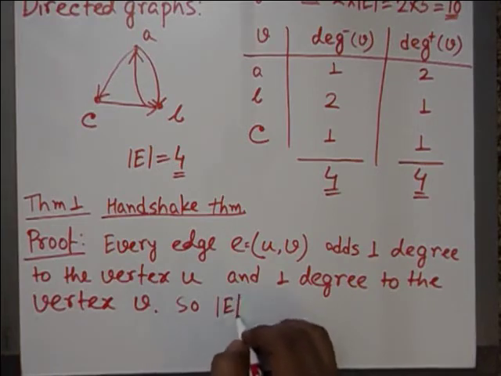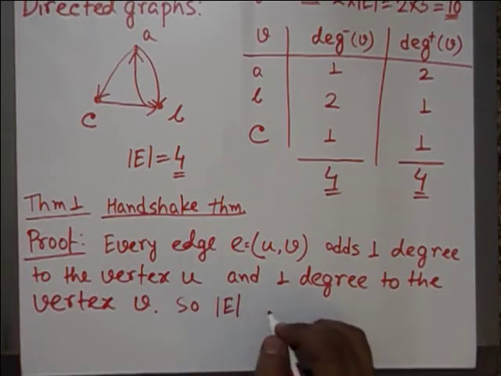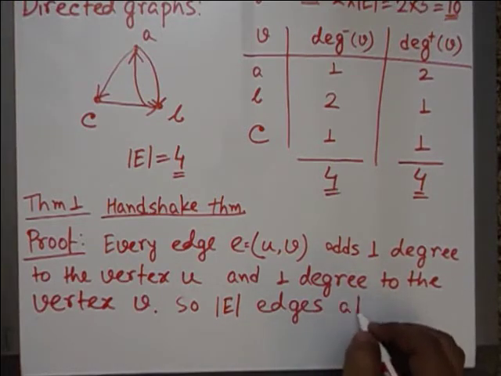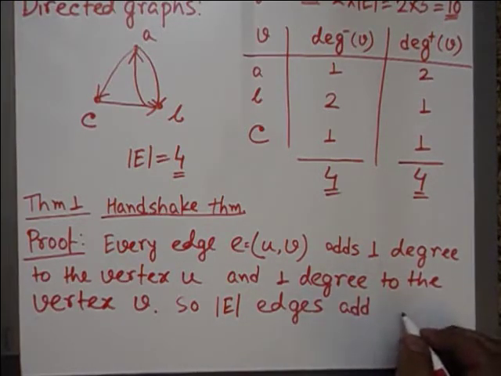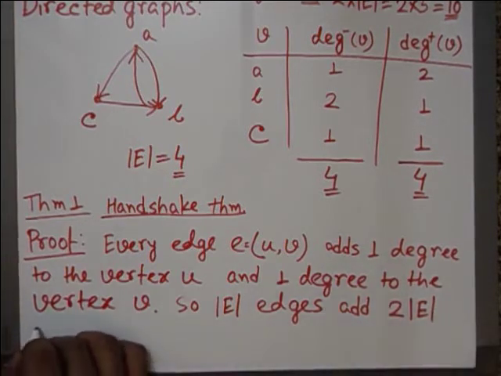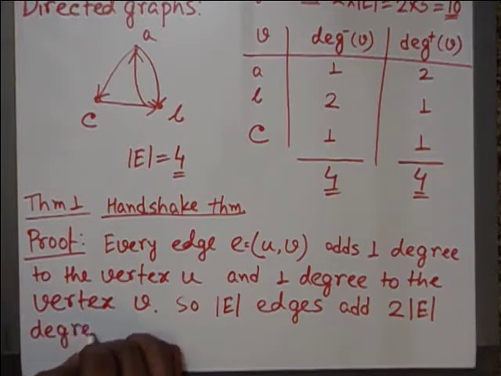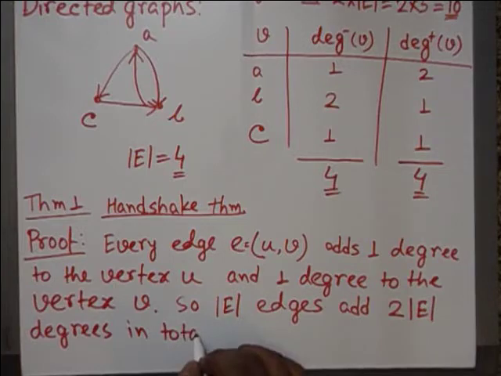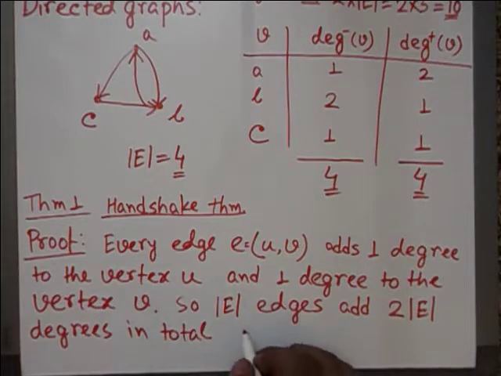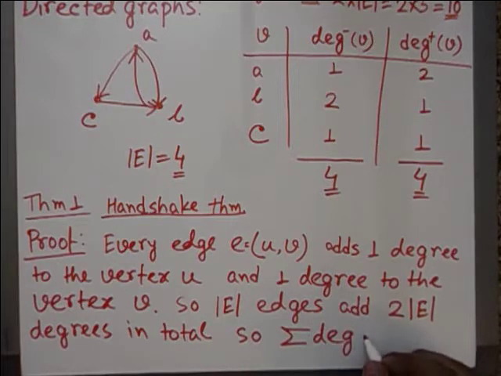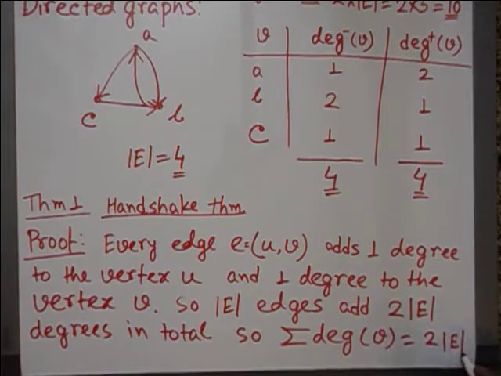So all these edges add 2 times E degrees in total. So the sum of all degrees is equal to 2 times E.